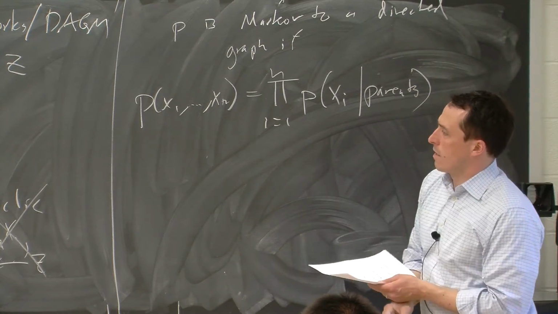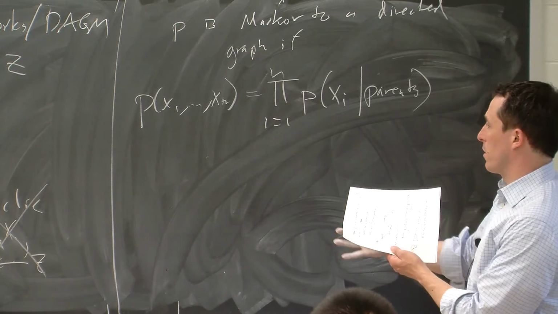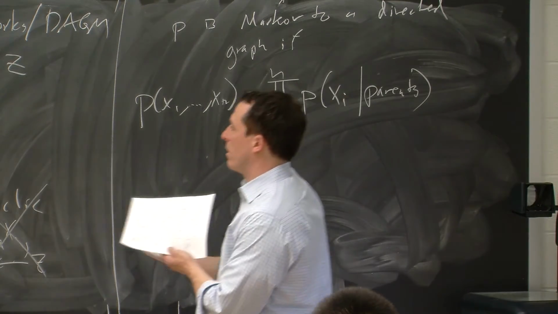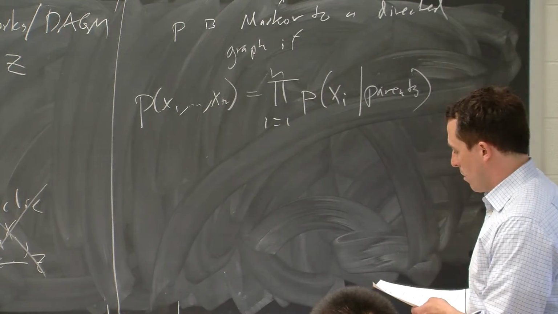So this is a kind of probability distribution which, instead of being built on sufficient statistics or marginals, is built on conditionals. You're looking at the state of the parents versus the state of the children.